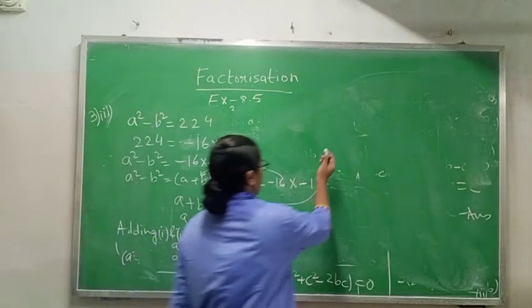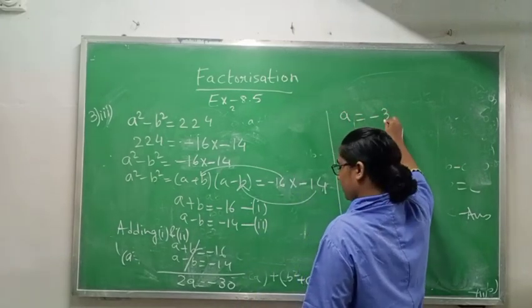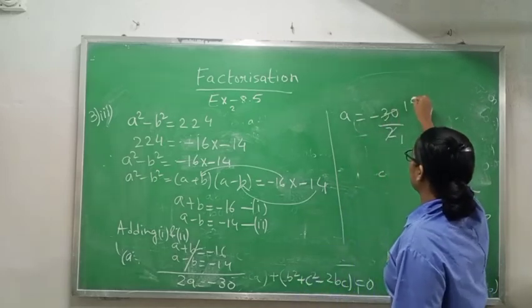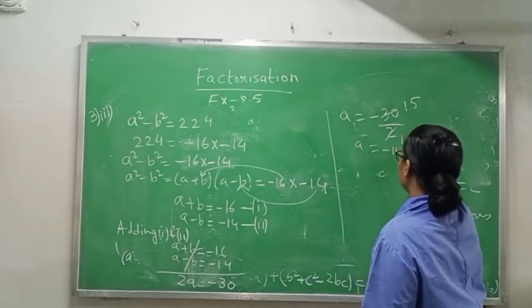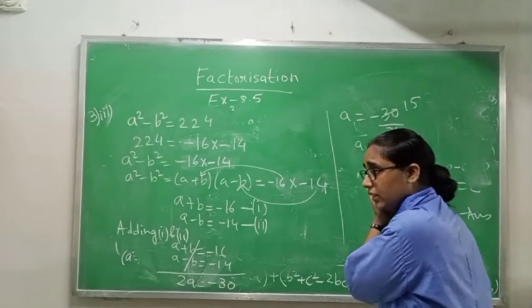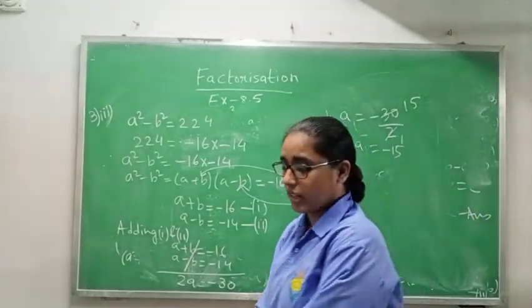Okay, it means a equals minus 30 by 2. So 2 ones are 2, 2 fives are 10, 15. We are getting the value of a as minus 15. They already said that a and b both are negative integers, so of course a equals minus 15 is coming, because minus 15 is a negative integer.